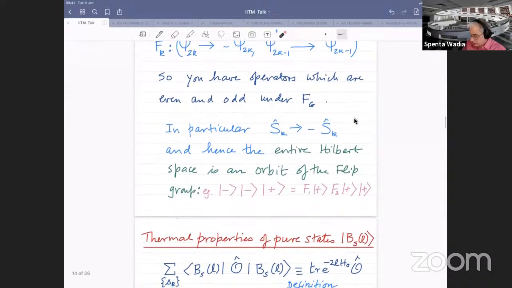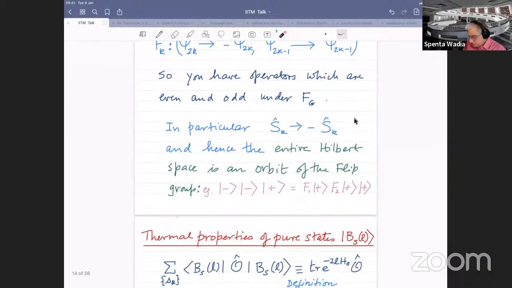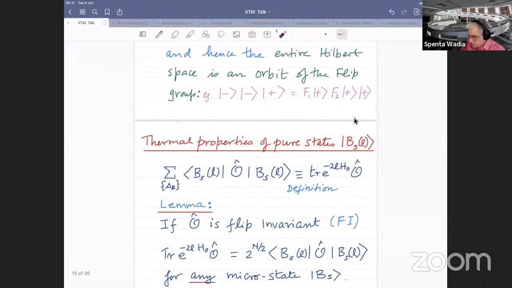And in particular, the important point is the fact that any state of the Hilbert space of the SYK model lies on the orbit of the flip group. It means you start with plus, and you can create any state by the action of the flip group. So this is an important point. Now let's come to thermal properties.